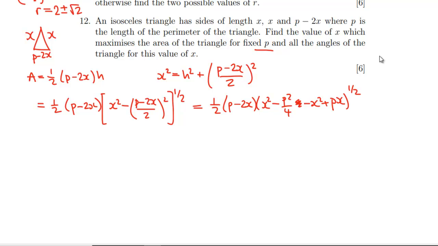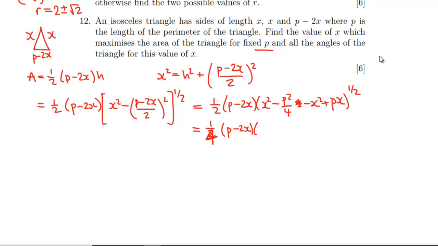It's the trouble when you get to question 12, you start freezing up on these things. So that's a half of (p minus 2x). We need to deal with this fraction in here. I don't like having fractions sitting around like that. Oh, the x squareds have gone away. That is nice, they've cancelled. So let's take that out and make it a quarter.